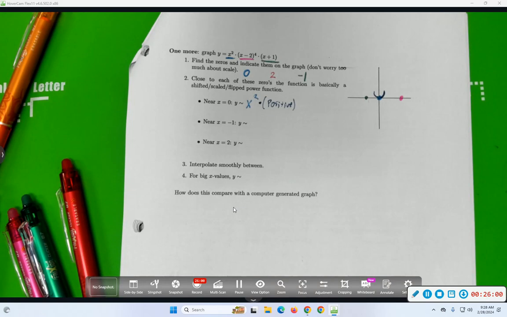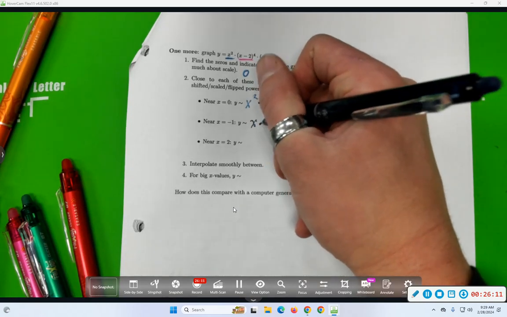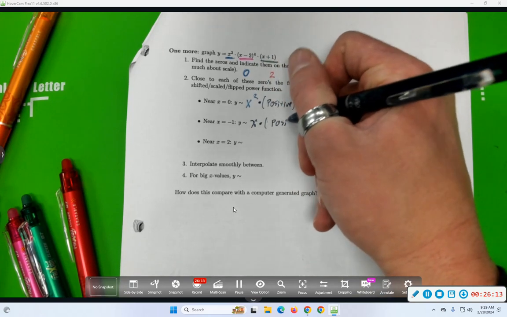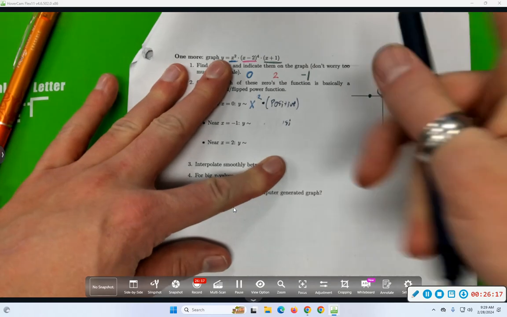Near x equals -1. It's a positive linear. No, x plus 1. You said linear, but if I'm going for it.